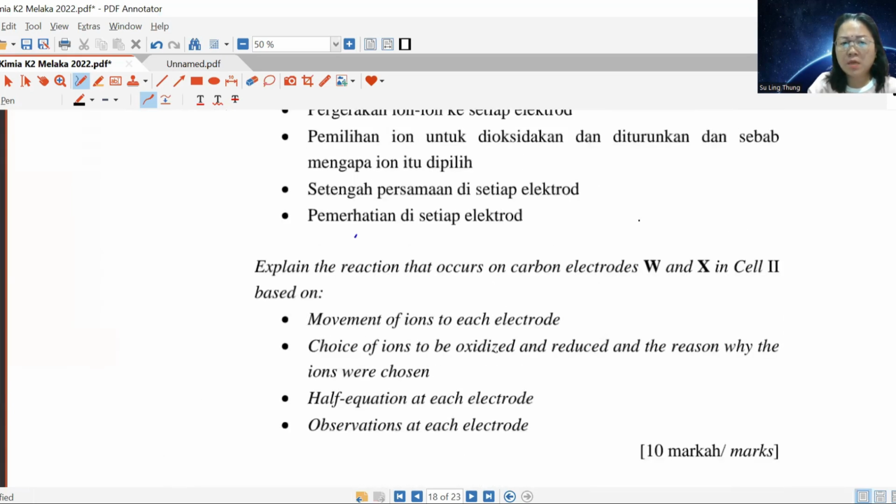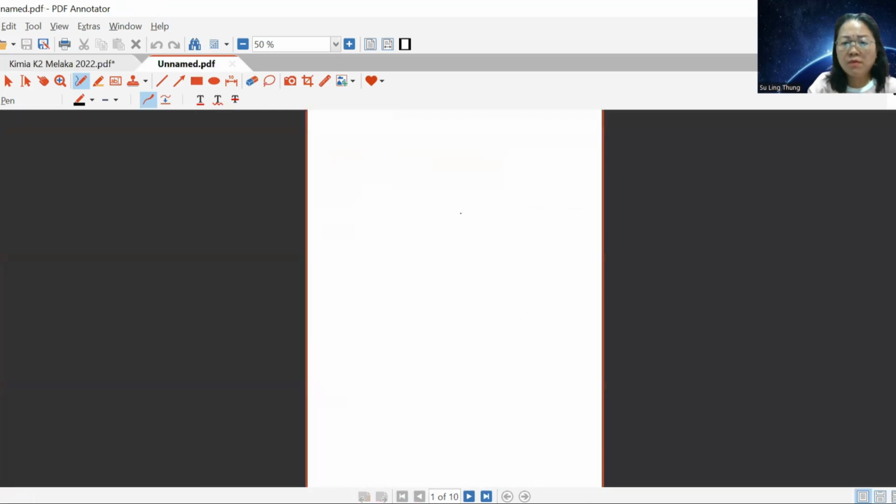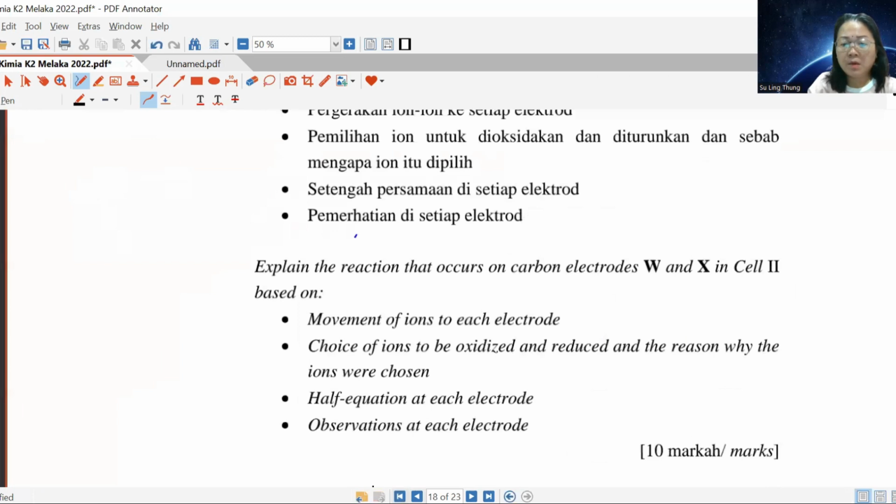Normally if it is 1 mole per dm cube, it is considered a rather very concentrated solution. So as a result, we will normally go for chloride ion. All right, we will go for chloride ion. Now, let us plan the answers nicely.